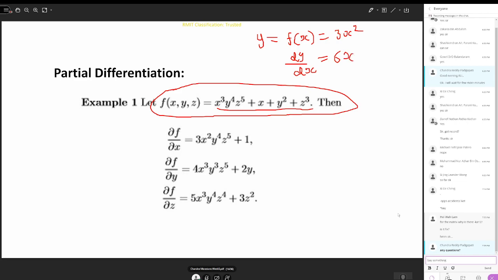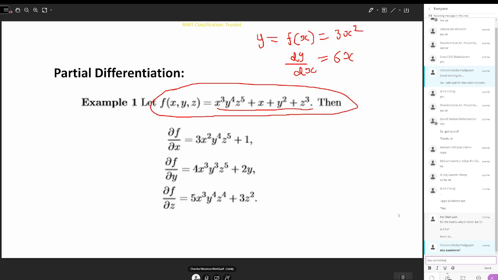So we can define total derivatives when the function has only one variable. But there could be cases where the function has more than one variable. You can see an example here. In this case, the function is given as x cubed y to the power of 4 z to the power of 5 plus x plus y square plus z cube.